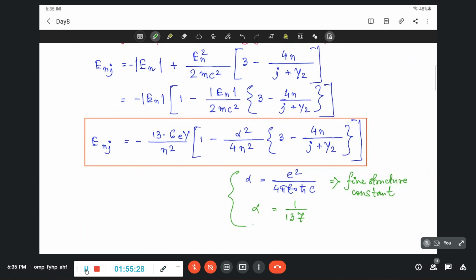In low energy physics, what you see in day-to-day life, this value is 1 by 137, but in high energy experiments, this alpha has to be measured very accurately, and this is the main thing that you encounter in quantum field theory, or this branch of physics known as particle physics. So this needs to be measured very precisely.